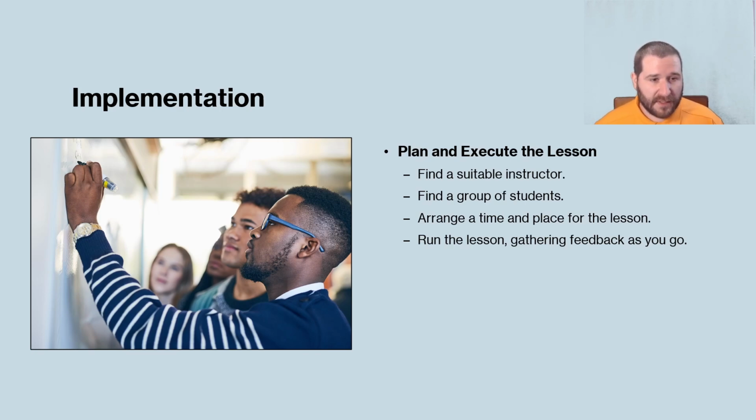A lot of times, if you're implementing the lesson live, you'll make changes as you go. If students look confused, if students get stuck on something, right, adjust. Maybe you add in one more step, or maybe you add in one more little mini lesson on the side, or walk them through how to solve something. But that all happens in the implementation phase, when we're actually running the lesson.